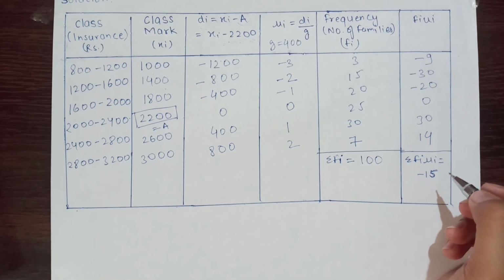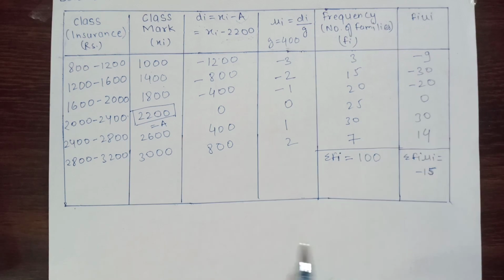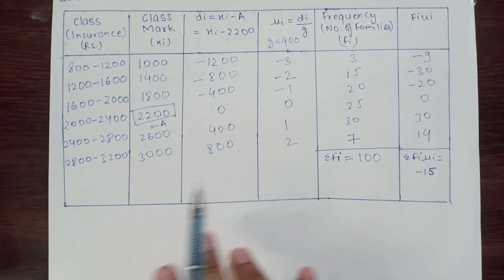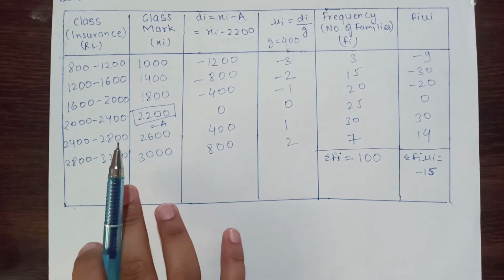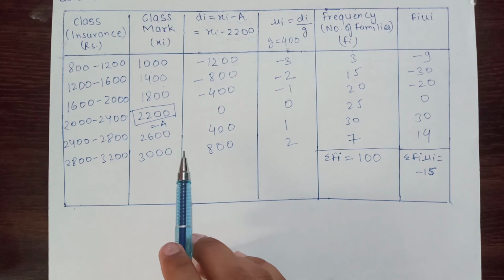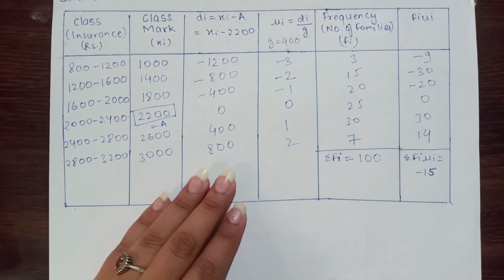Okay, then after that, in short, I will explain what is all in this table. So the classes of investment are written in the first column. Then the values of xi are written in the second column. And then the values of di equals xi minus a are written in this column.